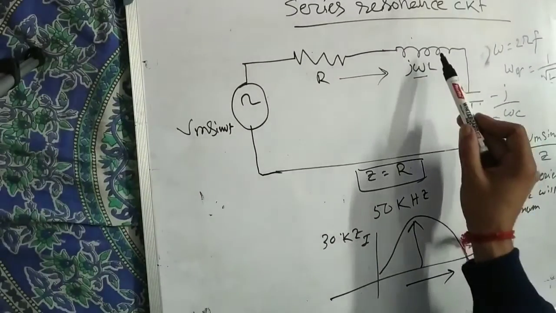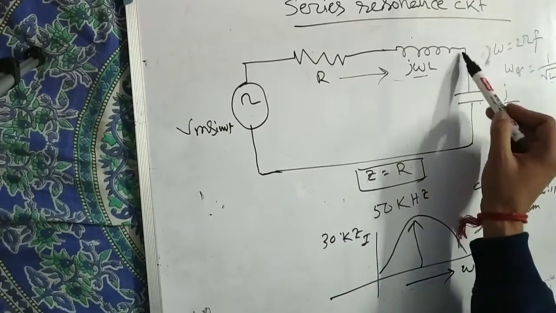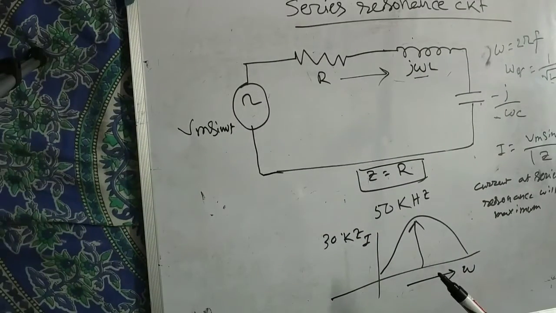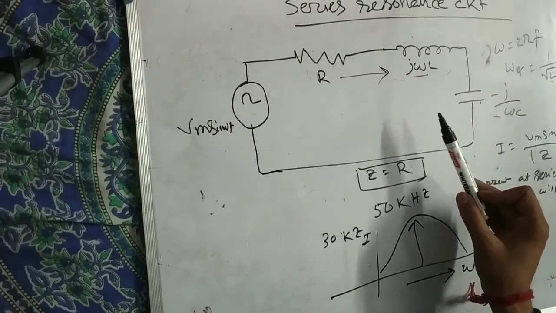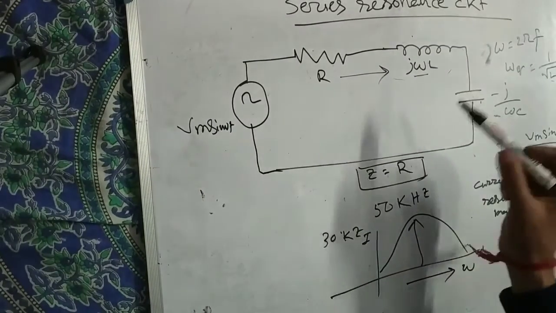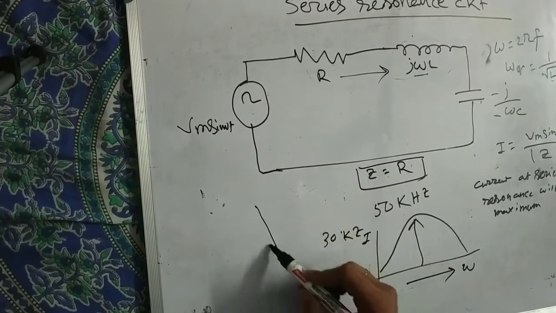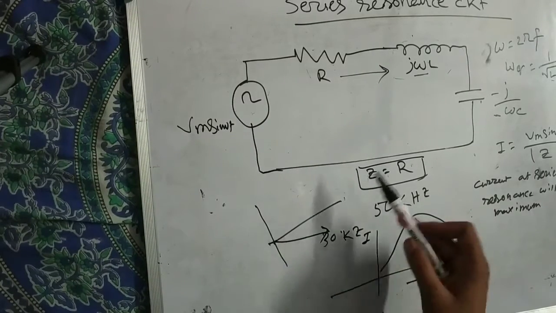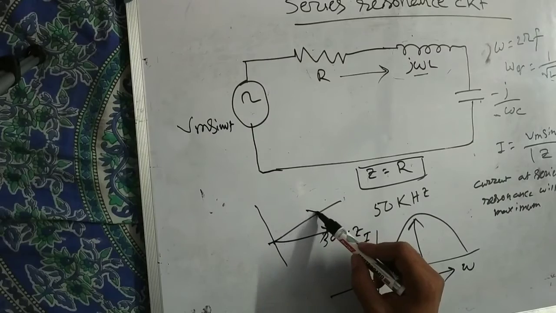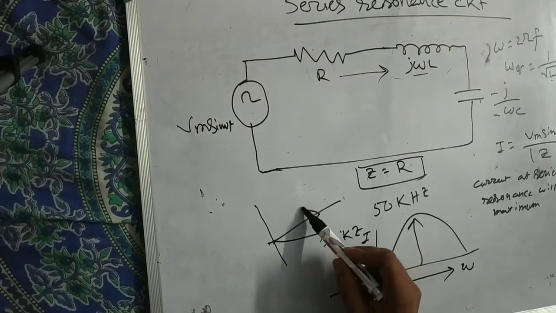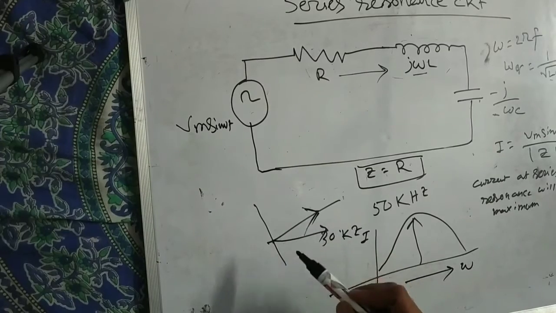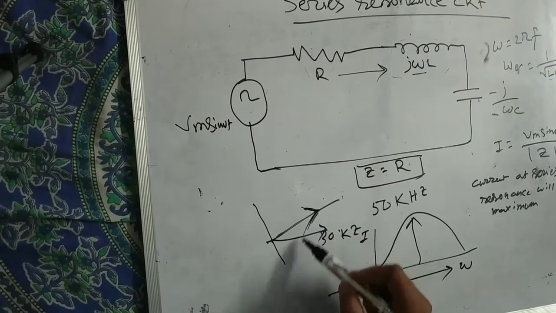So at higher frequency, the circuit will be inductive in nature. That means the current will lag. And at resonance frequency, the circuit is purely resistive, so power factor is 1.